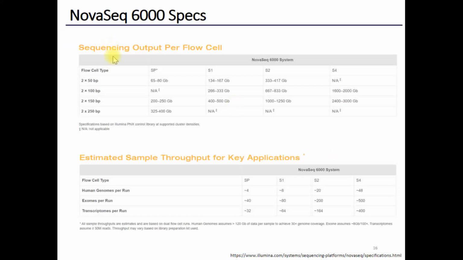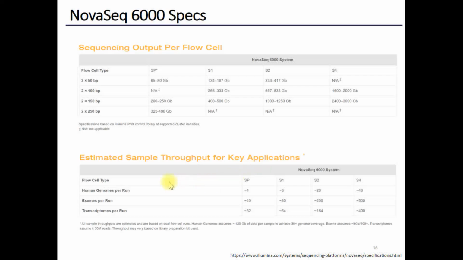Let's look at the NovaSeq 6000. It has 2 flow cells, and for each flow cell, depending on the flow cell type, it can have tens of gigabytes of output or up to 3 terabytes of output per flow cell. And it depends on different applications.